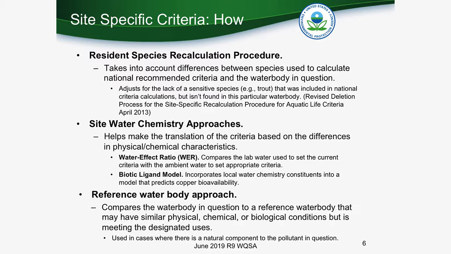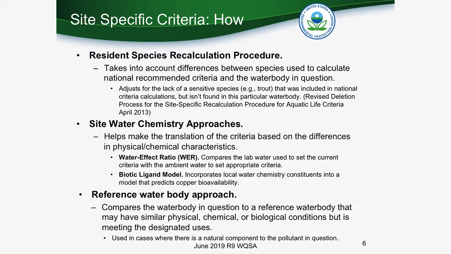The biotic ligand model is basically a model. I will say that EPA likes the biotic ligand model. We promulgated the biotic ligand model as a 304(a) recommended criteria for copper. So that's that.